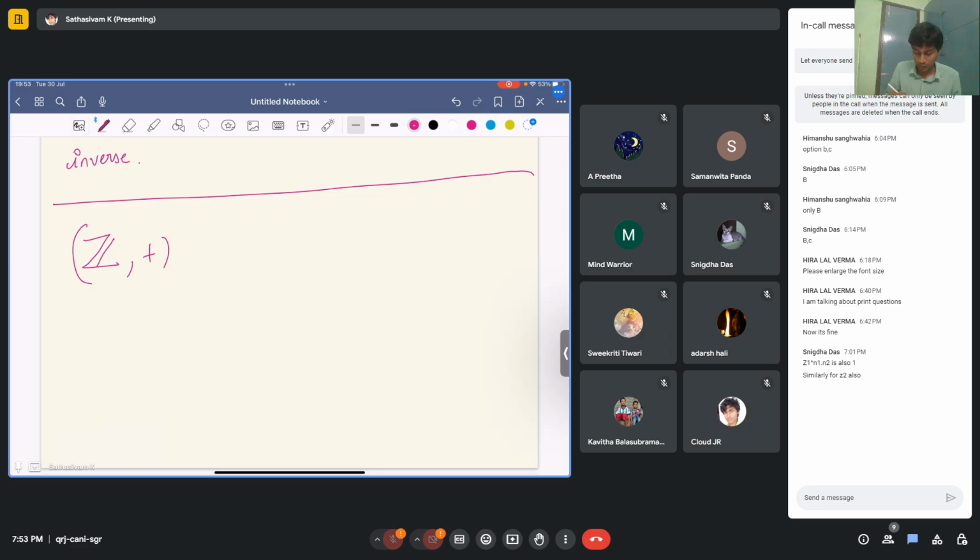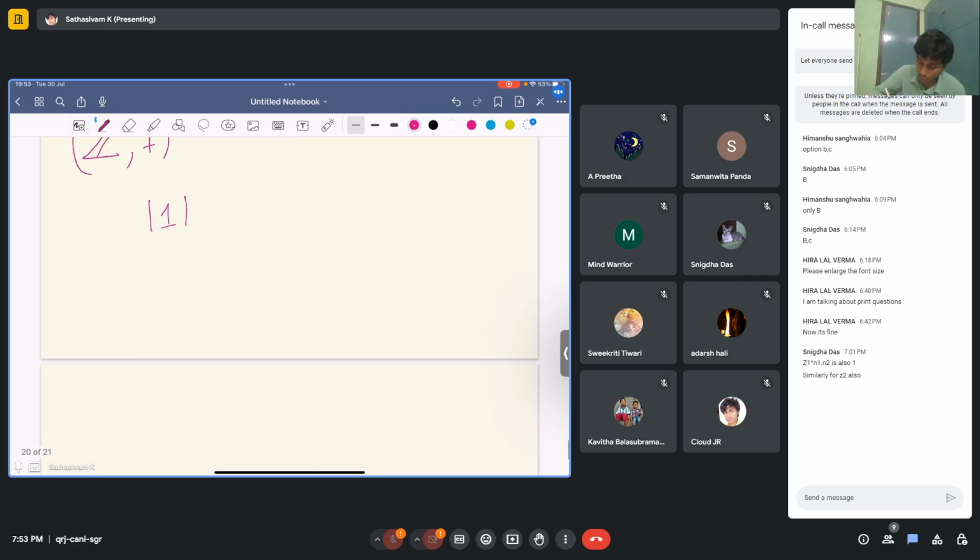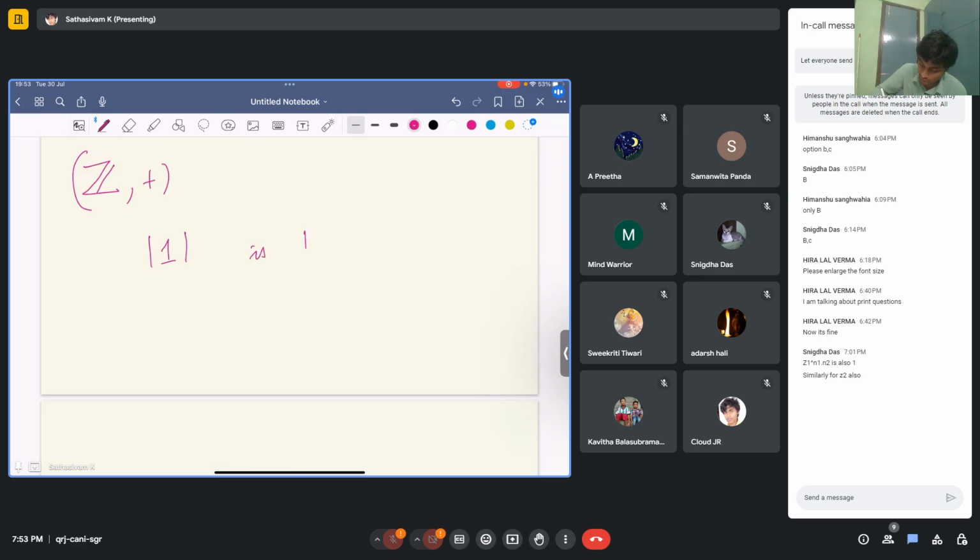So this is a group, right? Now let's look at the order of 1. So what is the order of 1? The order of 1 is the smallest n, such that 1 plus 1 plus ... n times, so basically n times 1, which is just n, is 0.